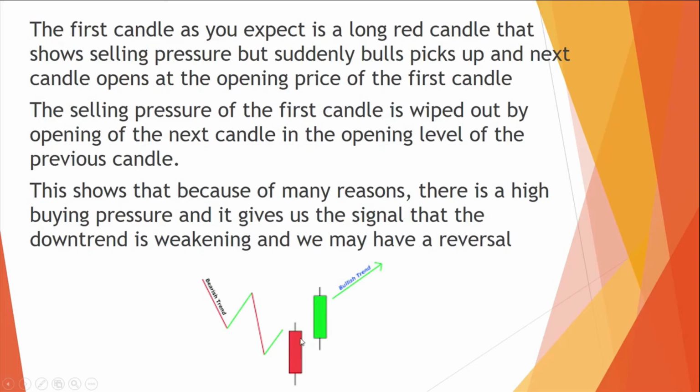So this one was the opening and it closed here, and this one opens near the close of this one going up, showing a reversal of the trend. This shows that for many reasons there is high buying pressure, and it gives us the signal that the downtrend is weakening and we may have a reversal.